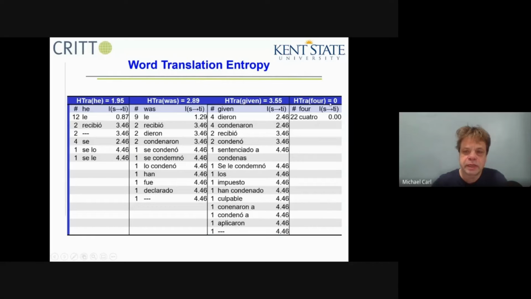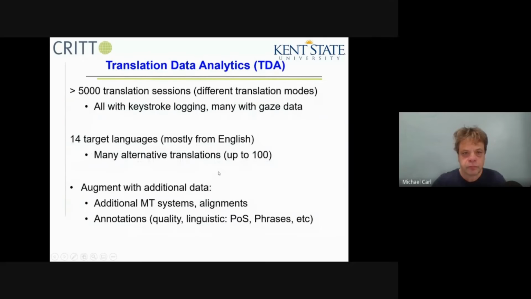If the entropy is 0, it means that there is no information, that all translators produce the same translation. If the entropy value is very high, many translators produced many different translations. The distribution is more flat. And here we have words that are somehow in between.